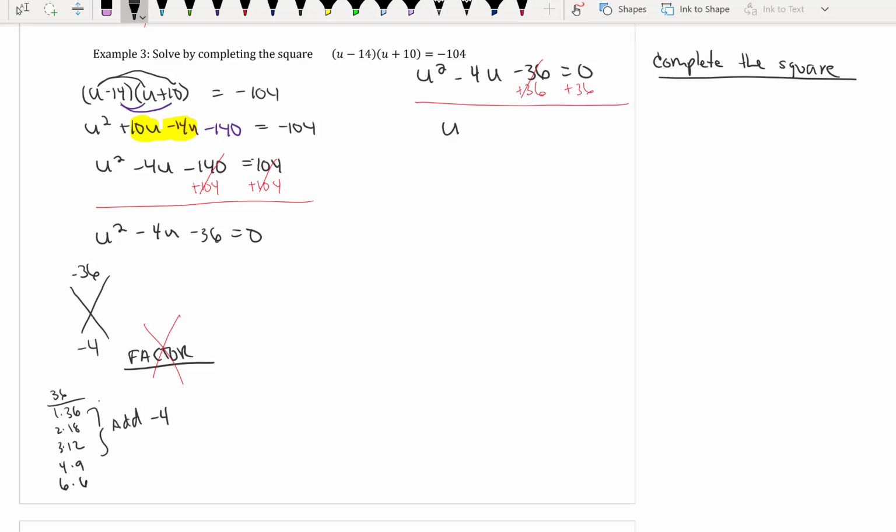So that u squared minus 4u is equal to my positive 36. Here, my b value is equal to a negative 4. So my b divided by 2 is going to be a negative 2. So if I were to square that, that's going to give me a positive 4.